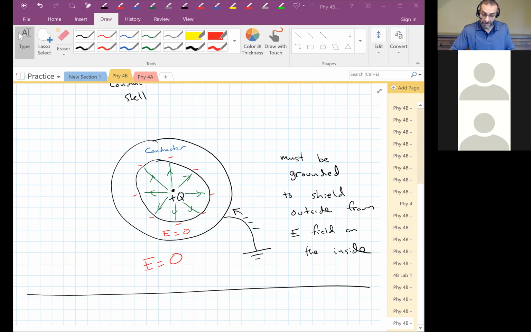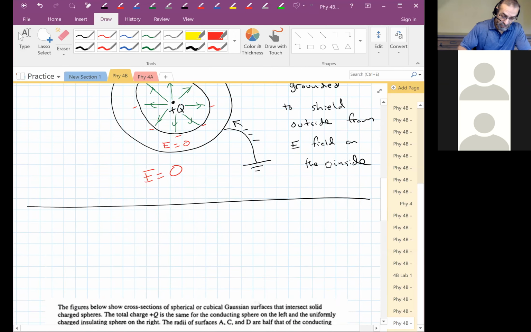Why is the electric field in the conductor 0? The electric field in the conductor is 0 here, even though there's a net negative charge on the innermost surface, because there's a net positive charge inside the cavity, in the hole there, right? So if we were to draw, let's just do one here real quick.